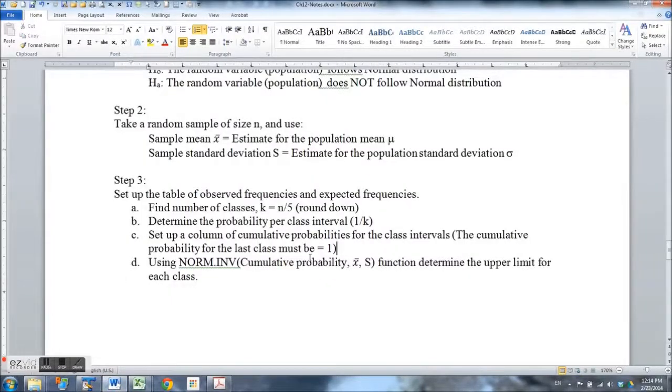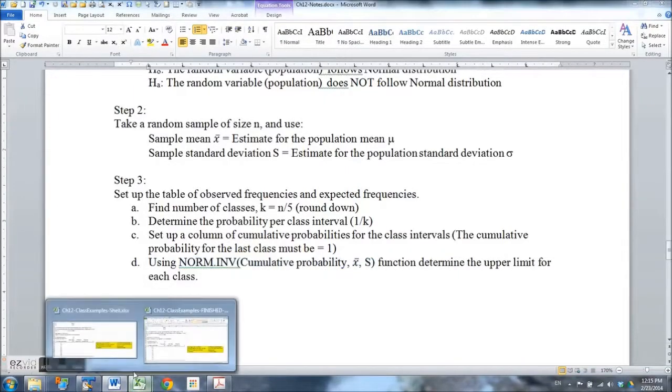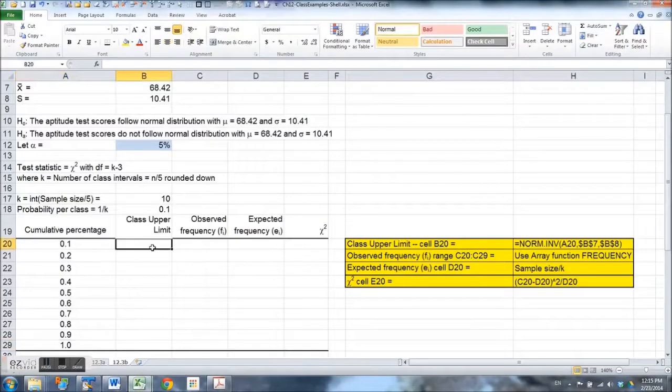The next step is to find the class intervals themselves, the upper limit for each class, and that is given by the norm.inv function with cumulative probability, x bar and s. So let's do that. These are the upper class limits.